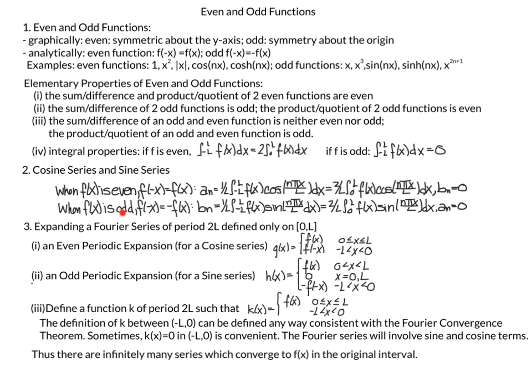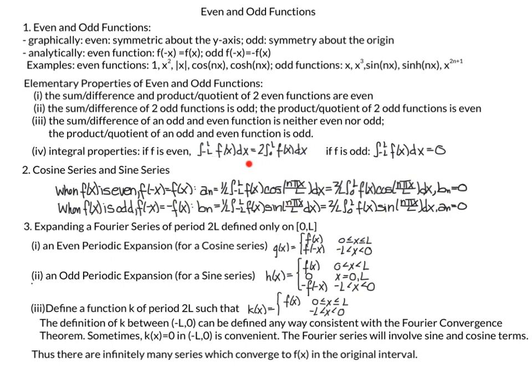If f of x is odd, then when we multiply by our sine, what do we get? The product of two odd functions is even. So we can take our formula for our coefficients and use this other formula here, because now we have an odd function, f of x, times sine, which is also odd.